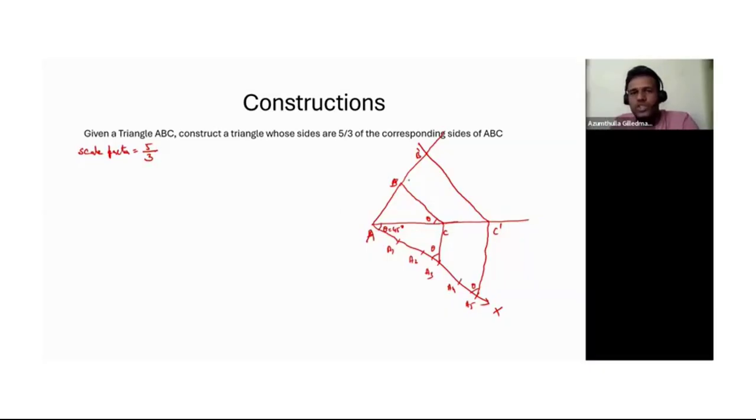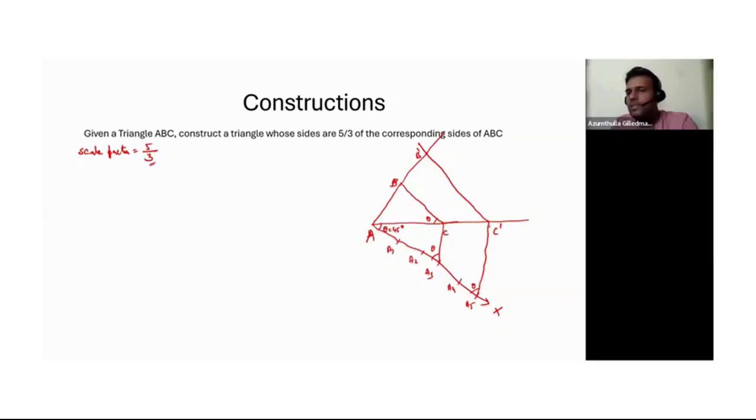Now, this is 3 portions, right? So the smaller triangle is 3 portions. So I joined A3 and C, and with the same for this line from A5, I draw the parallel line. How can you draw the parallel line? Measure the angle here, with the same angle.